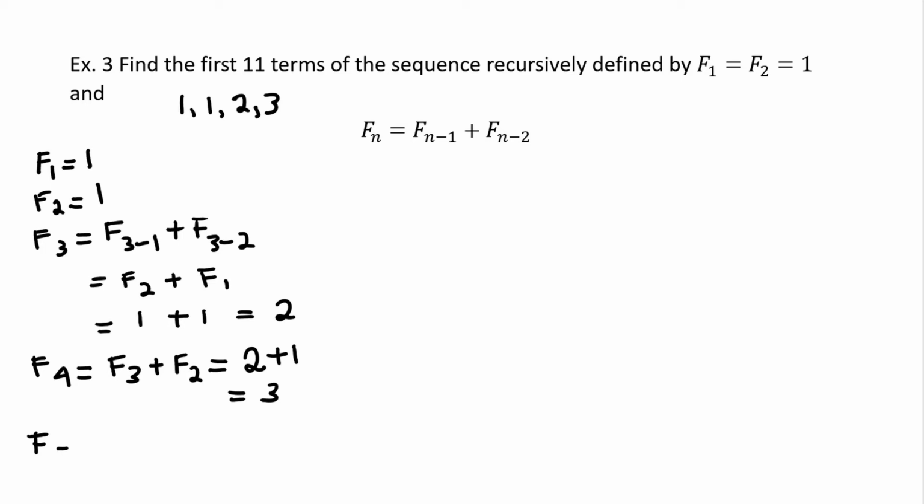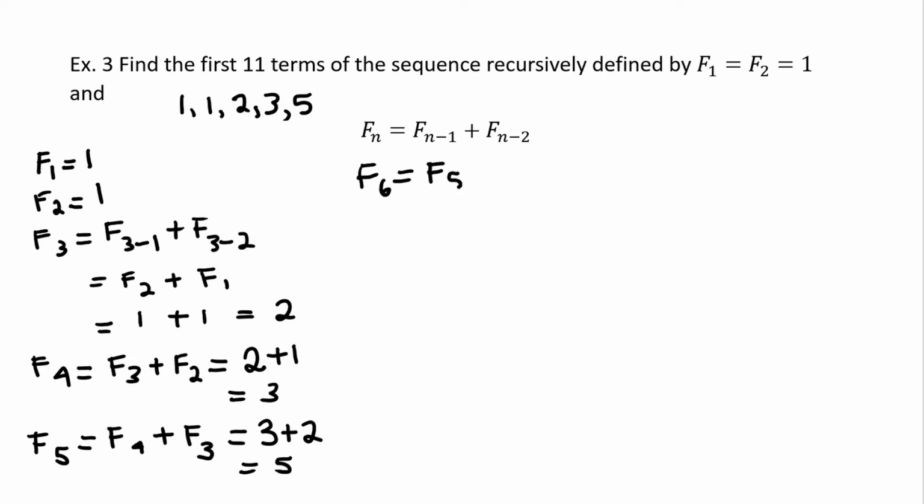F sub 5 is the sum of the two previous terms, so it would be the fourth term plus the third term. The fourth term was 3, the third term was 2, so the sum is 5. The sixth term is the sum of the two previous terms, so the fifth term plus the fourth term.